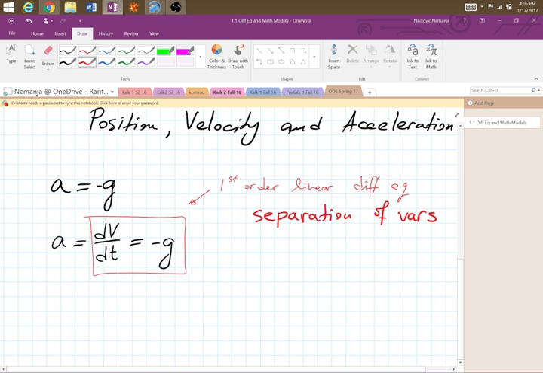This means that all of the variables should be separated, if possible, on opposite sides of the equal sign. So you have v's and t's. g is a constant, right? So that's not a variable. Well, g is a parameter, not a constant. It's a parameter because it's going to be different for Mars and different for Moon, right? As a concept, gravity is, but even on planet Earth, it's not constant because at the top of the mountain and the bottom of the valley is different values.